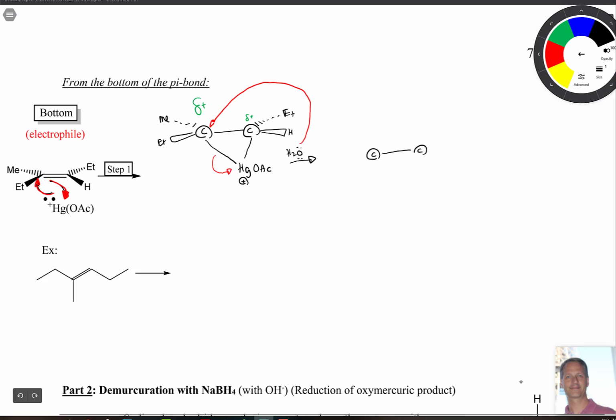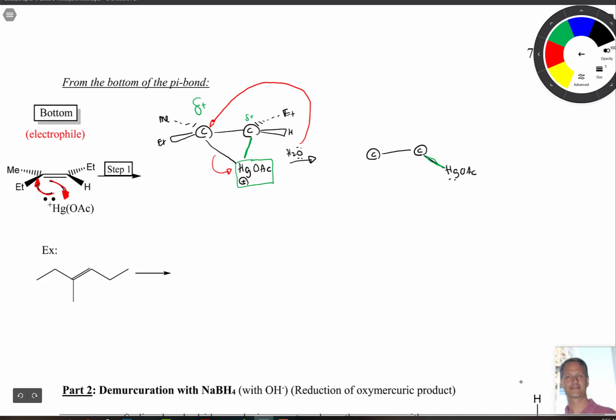So we start off with that. Take a second and draw that in. And we know something. We know that that HgOAc should be here. Right? So it's just leaving. So that bond that's connected to this carbon right there, that shouldn't change. So that's right here.